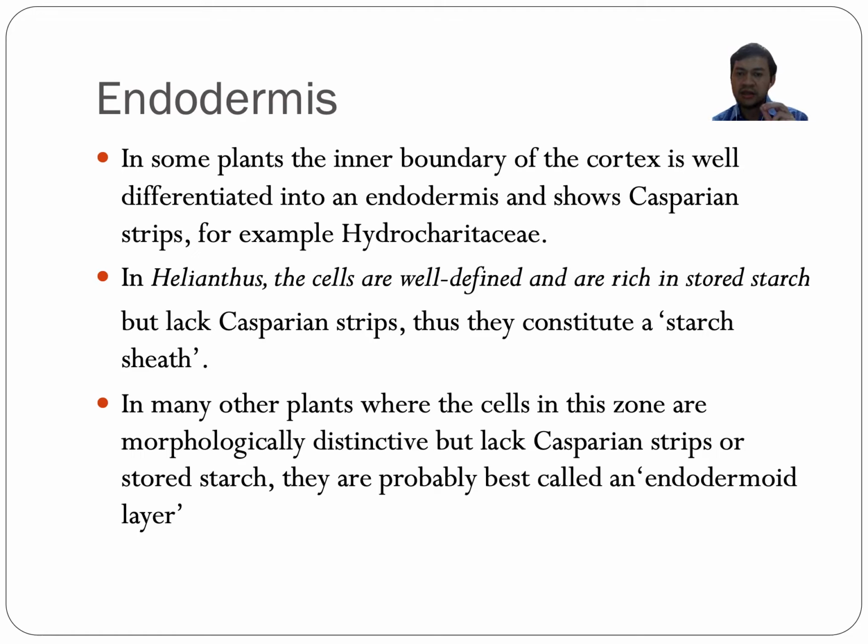They constitute a starch sheath. In many other plants where the cells in these zones are morphologically distinctive but lack Casparian strips or stored starch, they are probably best called an endodermoid. So it looks like endodermis but is not endodermis. We call it endodermoid.